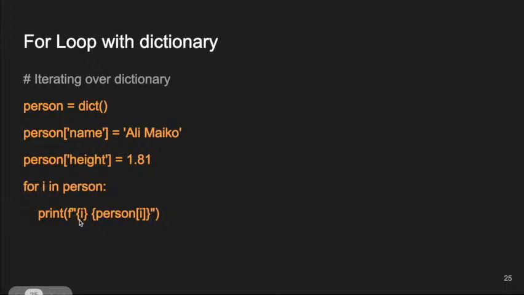The things inside these curly brackets are variables that have values, and what happens here is that the value is what is going to be printed out, and not the I itself or the variable name. That's what that does. You can try it to see.